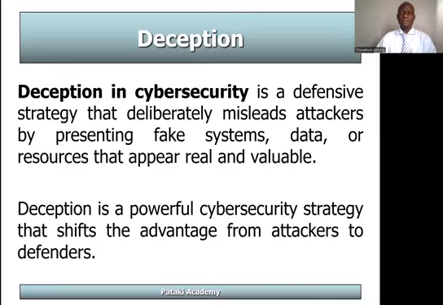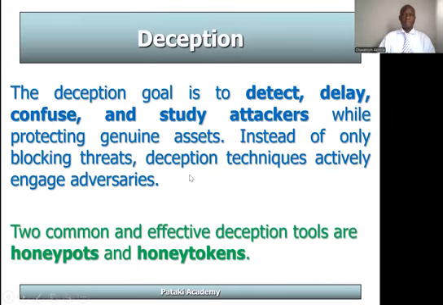Deception is a powerful cybersecurity strategy that shifts the advantage from attacker to defender. The goal of deception is to detect, delay, confuse, and study the attacker while protecting genuine assets. All their activities in the fake server and fake data will be recorded, and the organization can use this to protect their real servers.